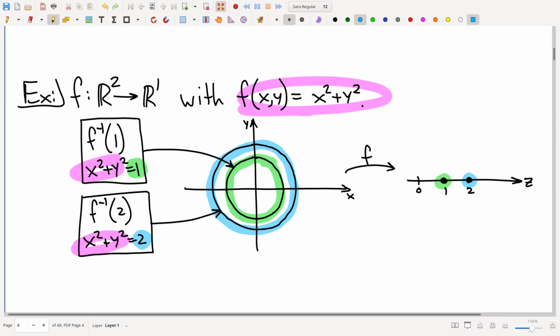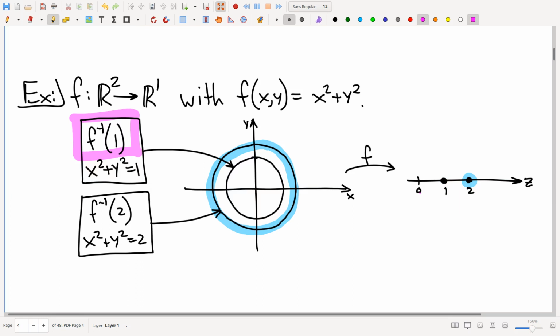All right, so in particular, this process, we use this notation here. This notation here.